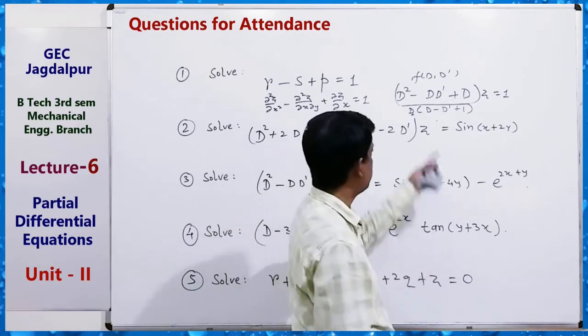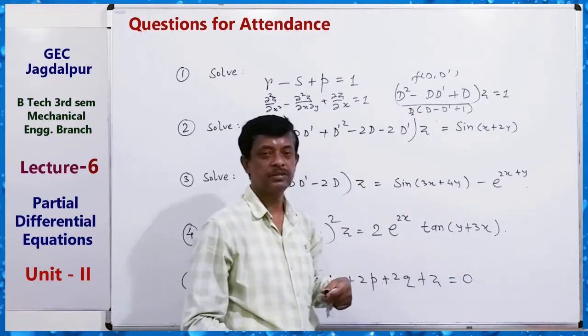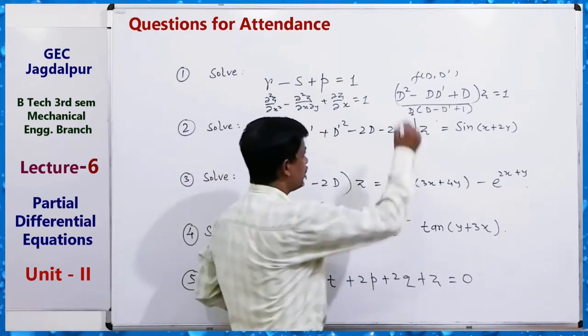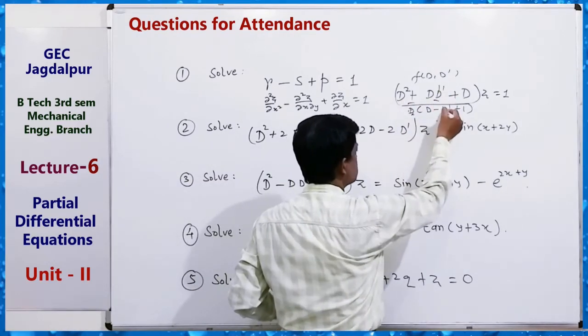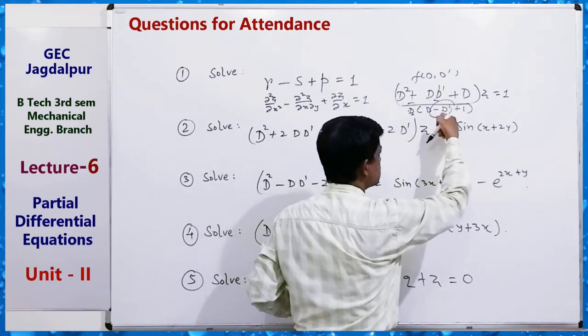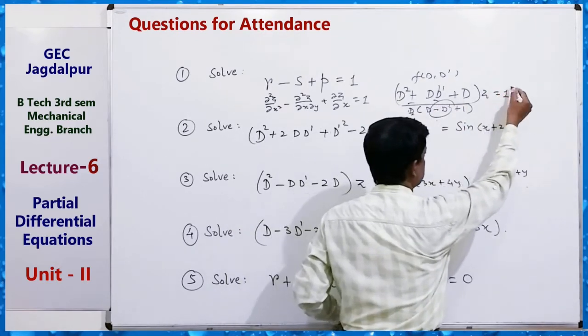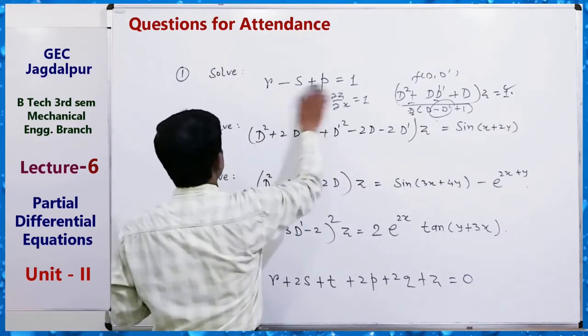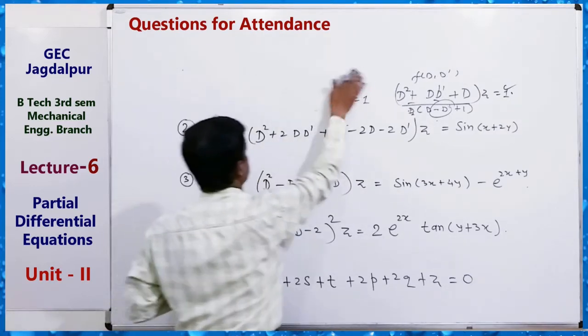You can find CF. And for PI, 1 upon this, binomially expand it and apply on the right side, you can get the result. Clear? So this was the hint for question first.